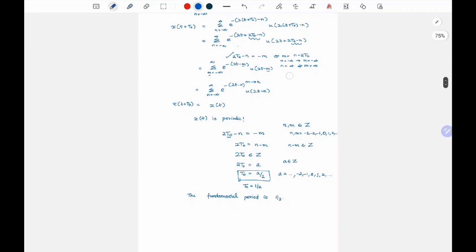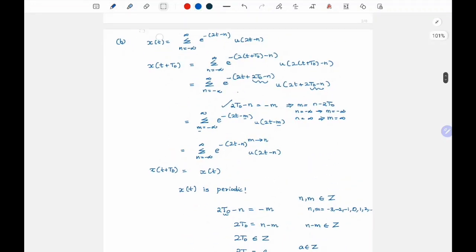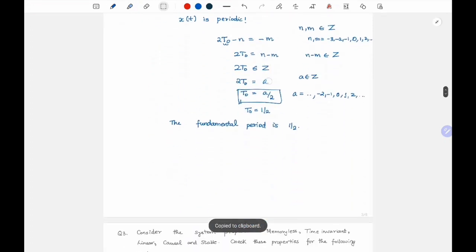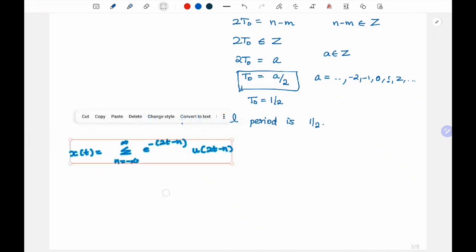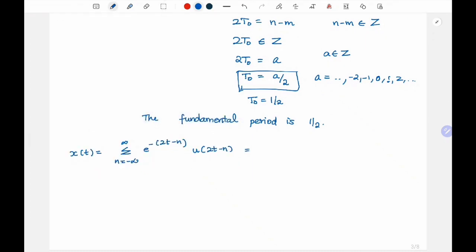So you can also try to visualize this. So I'll again take this function. Let's copy it down here. If you actually try to expand this, you will have some terms. And then let's take it for n equal to minus 1. What will you have?